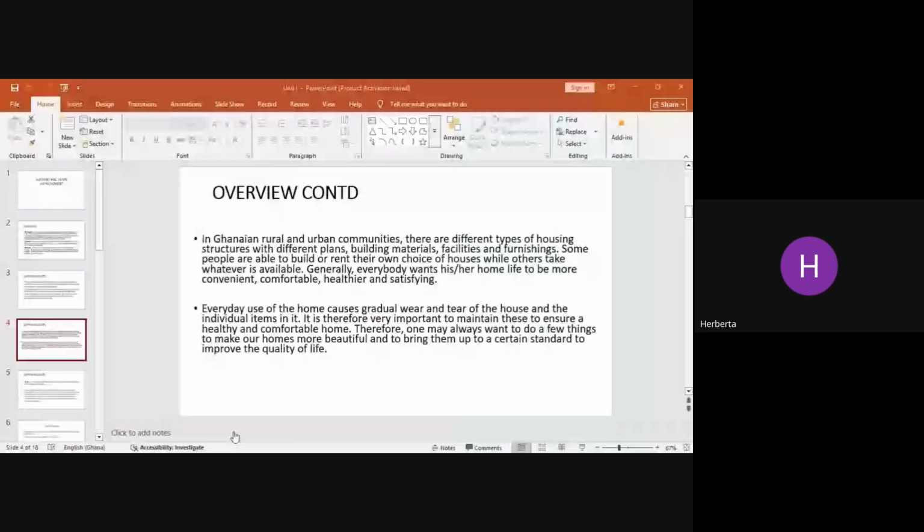So it improves one's health. It also helps individuals to earn more income, because if you are moving from one place to the other and you have an easy transportation system, it can help you to increase your income, because you have enough time. If you are a trader, you can get to your market early and start your sales early.